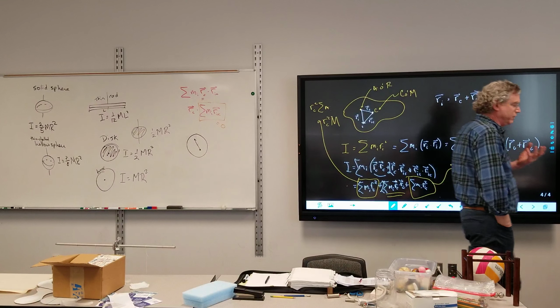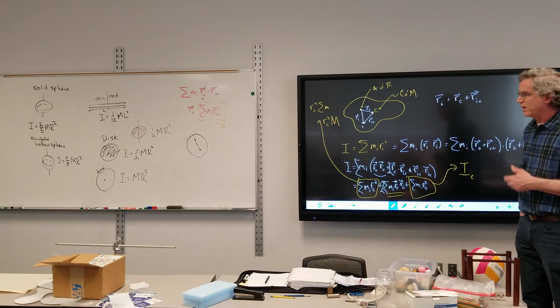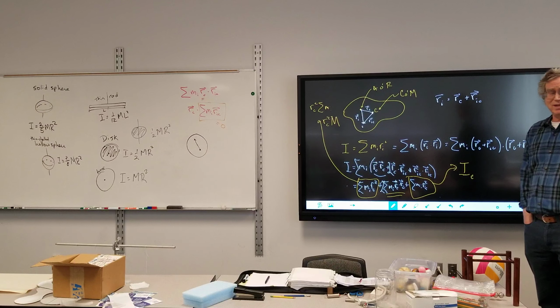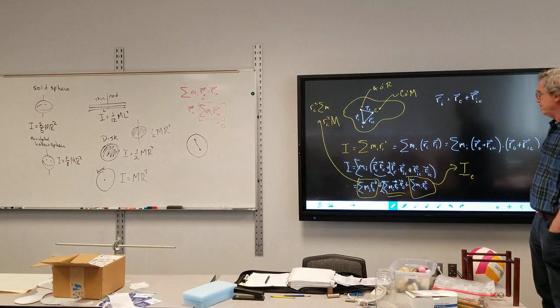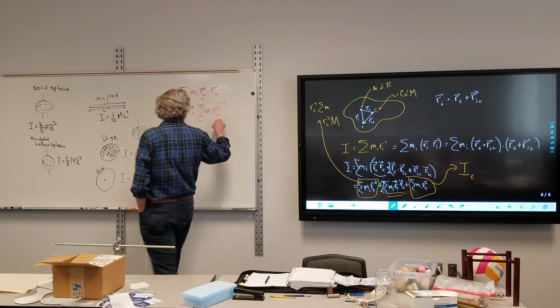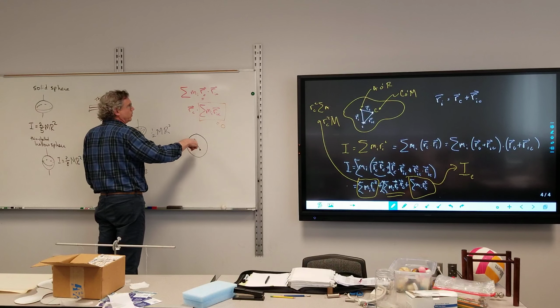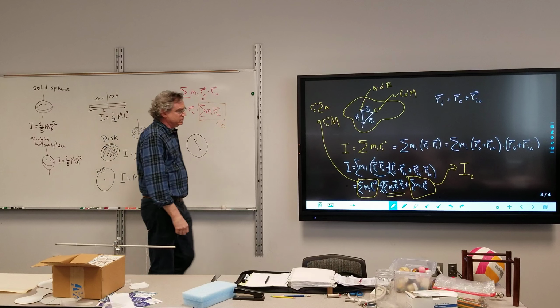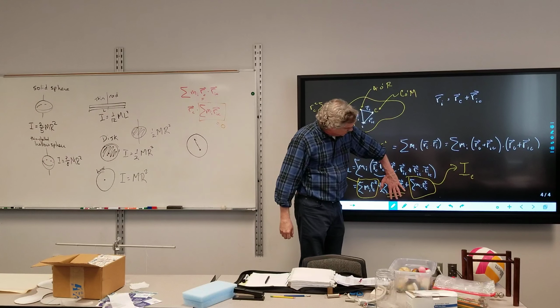And there's a 15-minute version of justifying that, but I'm hoping you can sort of take the concept and run with it. So if the sum of all the m_i R_ic's is 0, then this whole term becomes 0, and that disappears.